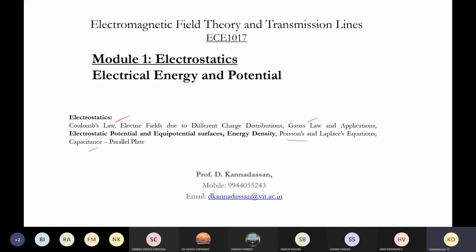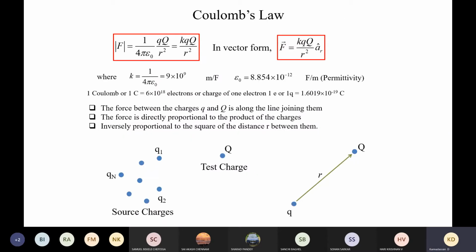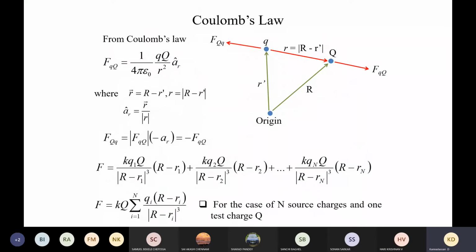So today, the potential, or the potential energy, is the main topic of the session. The Coulomb's law, I believe you are now thorough with that. While explaining Coulomb's law, we are supposed to define what is a source charge, what is a test charge, and the arrow mark always goes from source charge to test charge, which we call the line joining.